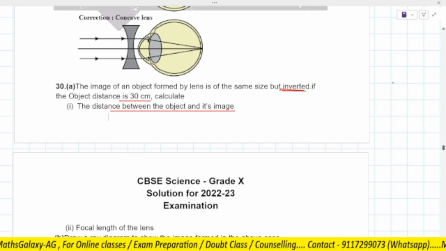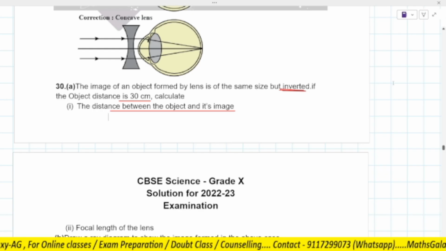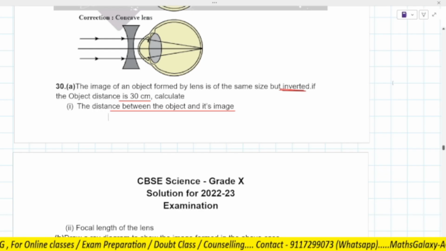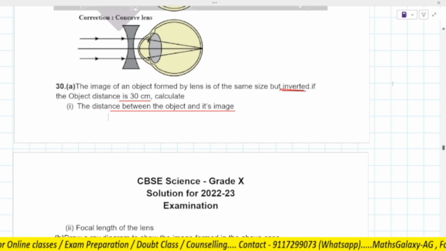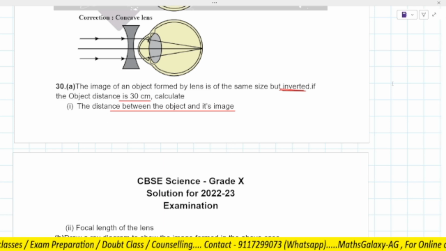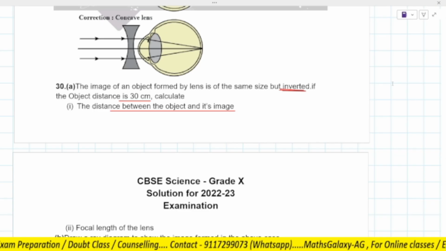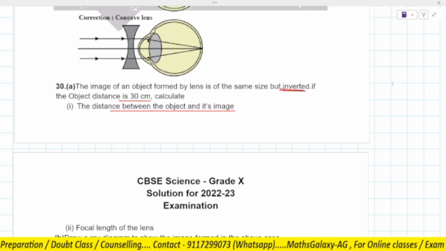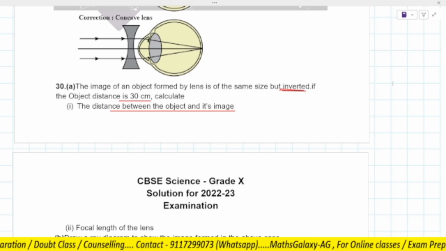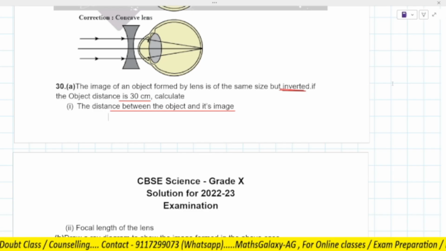In the second part, we have to find the focal length. Can you find it now?